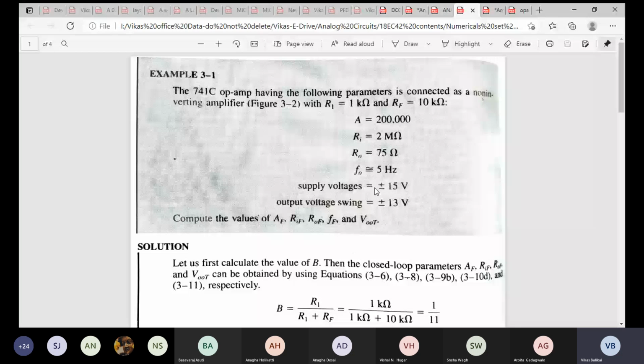I just want to highlight one aspect. The output voltage swing is given as plus or minus 13 volts. So what does that indicate? See, one thing you remember: we say gain is 2 lakh or 2 into 10 to the 5, or 100 to 200, a lot of numbers in terms of gain. Does that mean if I give a small input, I can amplify it to 200 volts or 300 volts?